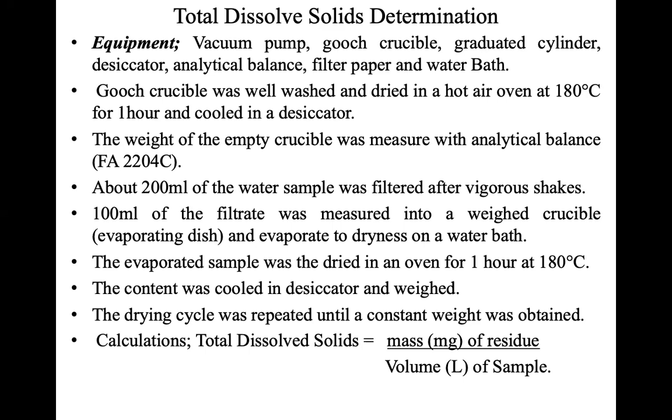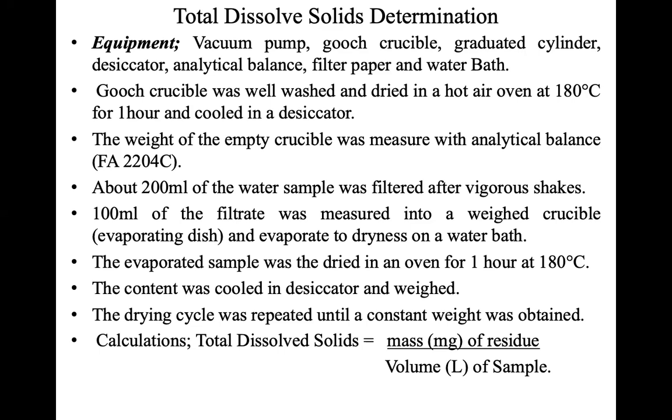Now, all you're interested in is the total dissolved solids, and the filter paper would be used to filter them. Here, the idea is that you measure the filter paper before use, before you do the filtration.